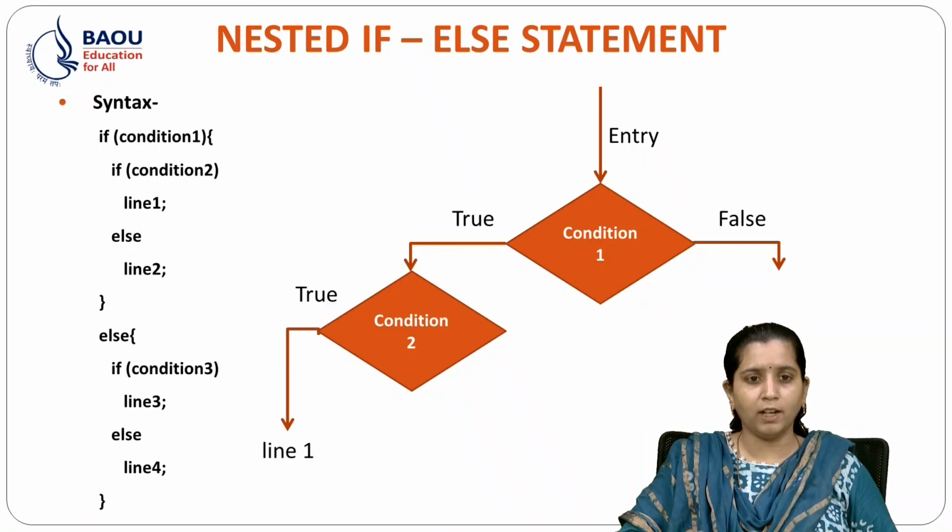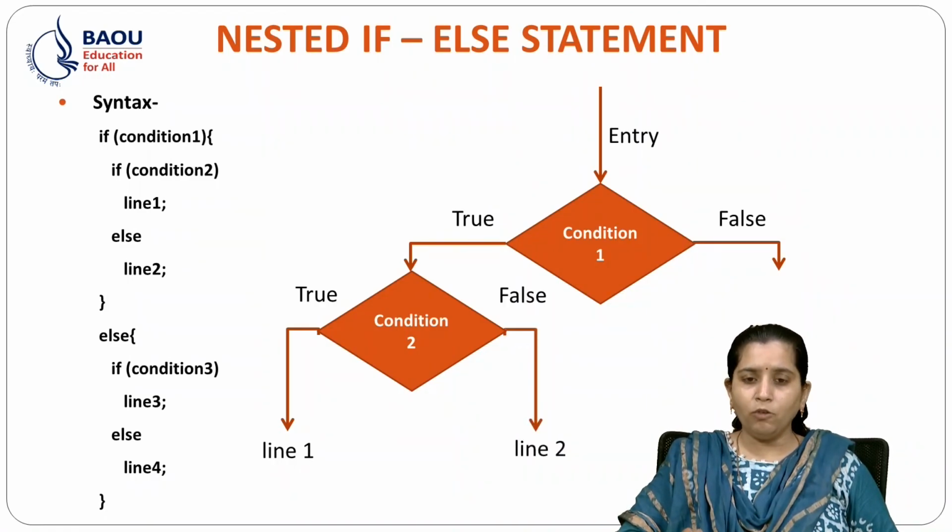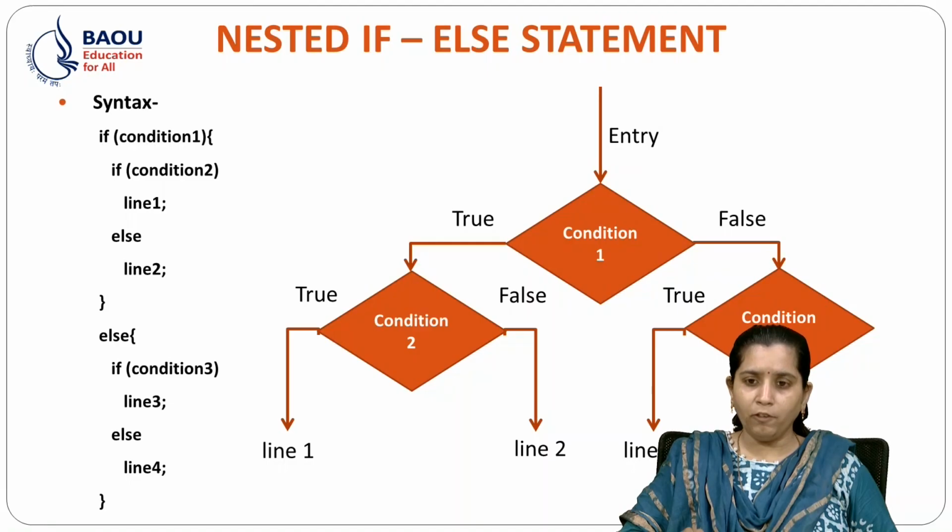If it is true, then line 1 will be executed, otherwise line 2 will be executed. Similarly, in the false block, that is the else block, if we write one condition, it checks whether it is true or false. If it is true, then it will go in the if block, and if it is false, then it will go in the else block.